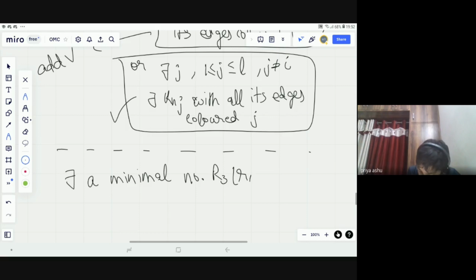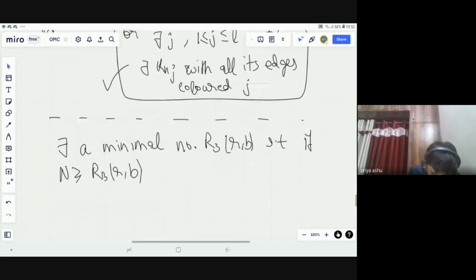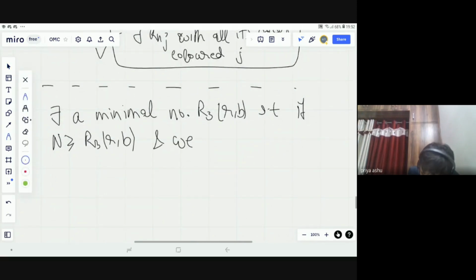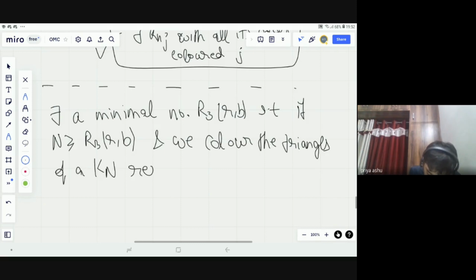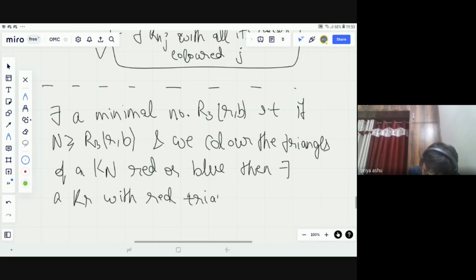R3 of R comma B such that if capital N is at least R3 of R comma B and we color the triangles of a KN red or blue, then there exists a KR with red triangles.